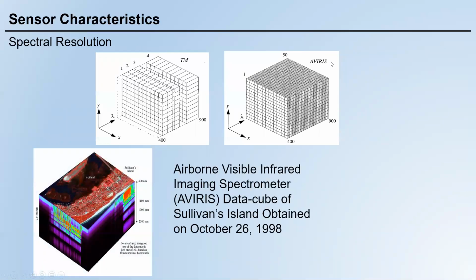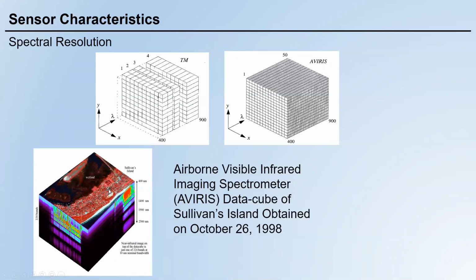And at the bottom here is what we call a data cube. For TM, we have 4 bands, so we have 4 images for a specific area. If you have 50 bands, like AVIRIS, or even more bands, here we have 224 bands, which means we have 224 images for the same area.